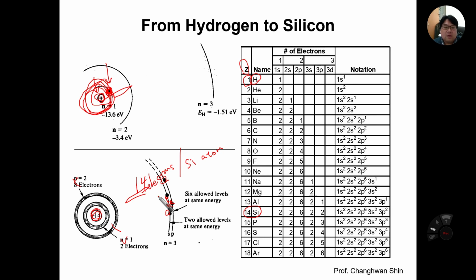Okay, some details of how the electrons are spread out in this quantum system are kind of beyond the scope of this lecture.